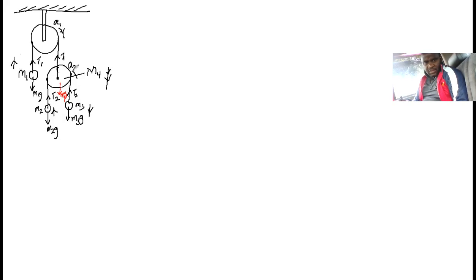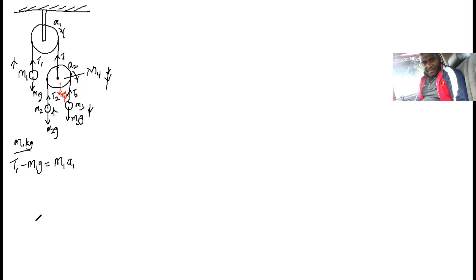Also, this one is rotating this way. So the resultant force on M1 shall be: tension T1 minus M1g is equal to M1A1.